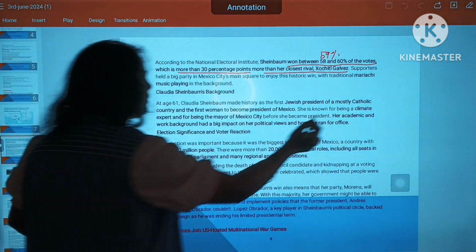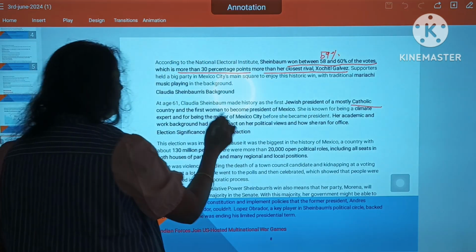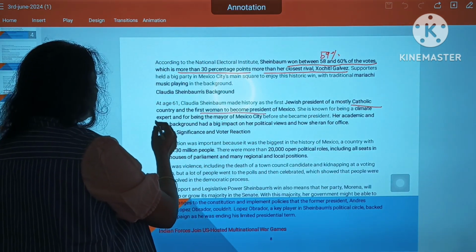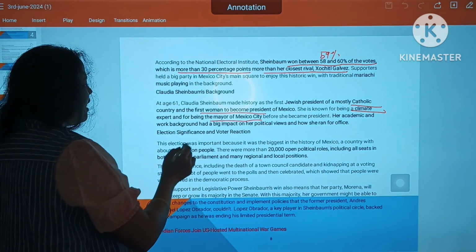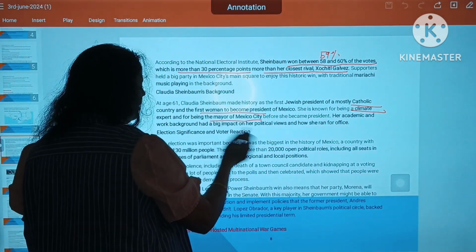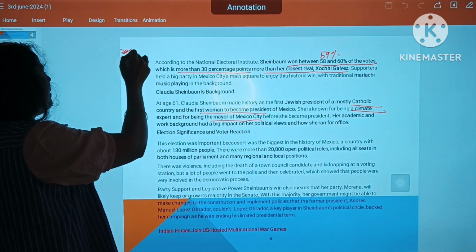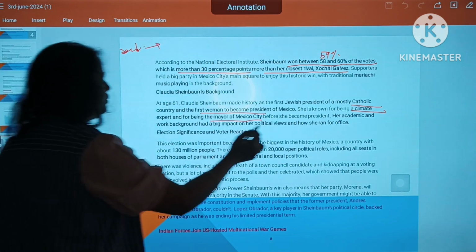Her background: she is from a Catholic Women Society, and she was a climate expert before, and she worked as the mayor of Mexico City.